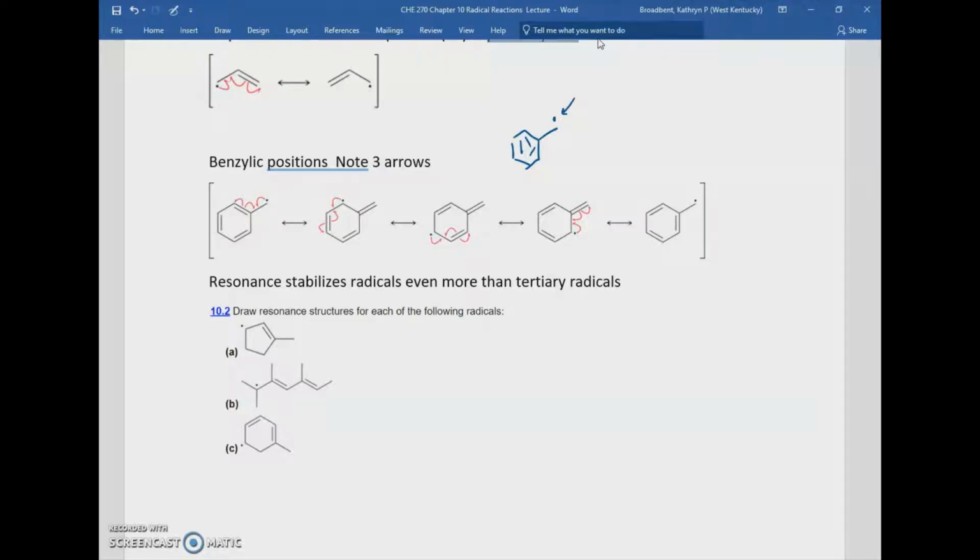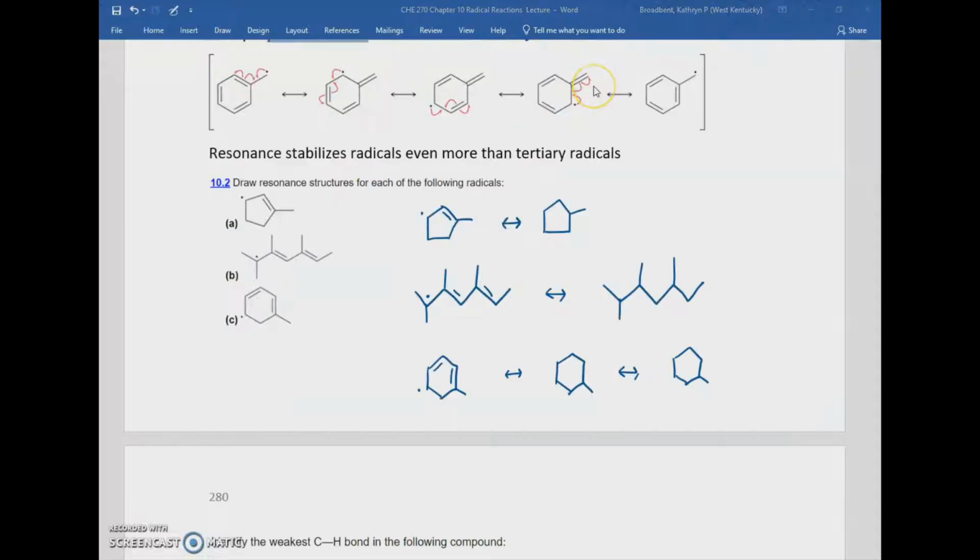So let's draw the resonance structures for these radicals. Okay, so let's start with A. We're drawing resonance structures now, so we're not changing any bonds or the structure. We're just moving the electrons around. And what will happen is this electron here will go and make part of a pi bond there.